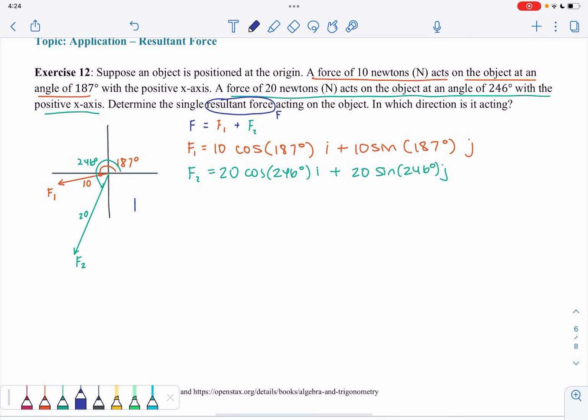I'll make a lot of room here. F is going to be the i components, the horizontal components, added together, and then the vertical components added together.